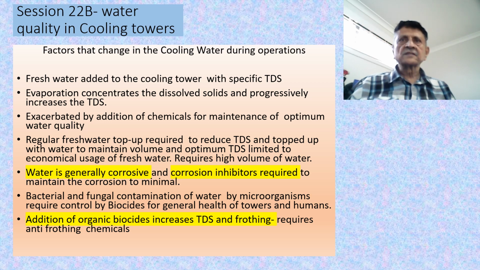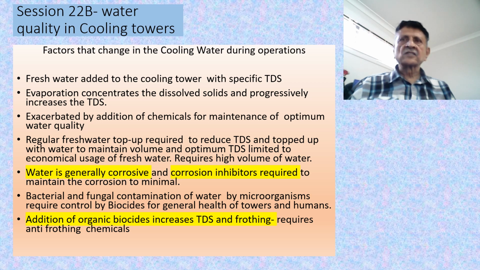Normal water is generally corrosive. Even pH about 7, 6.5 to 7, is still classified as corrosive, and that water cannot be allowed to circulate in the system because eventually it will corrode all the steel pipes. Ideally, to stop the corrosion, we have to add corrosion inhibitors.